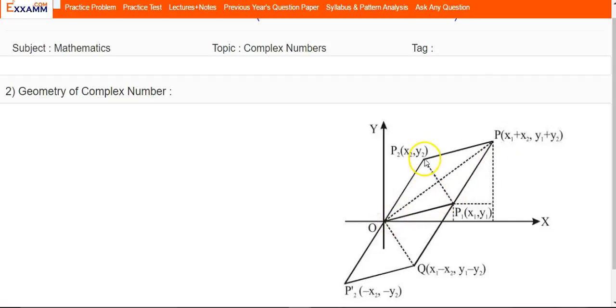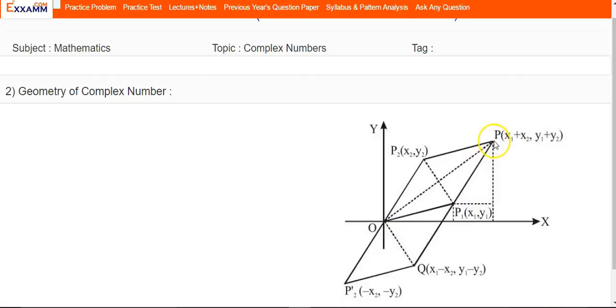OP1PP2. Now let us consider the vector OP. As in geometry and vector algebra, this is the sum of OP1 and P1P. Let us see whether this is equal to OP1 plus OP2 as well.